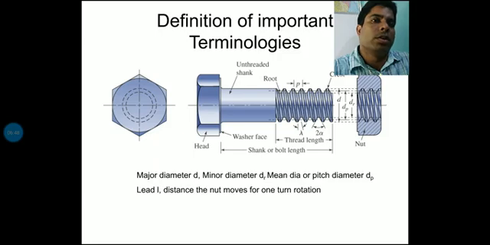In the case of the hexagonal bolt, the external thread is there. External thread means the thread length, thread angle, and obviously the bolt length, and obviously the nut is there, and washer means, suppose, below the hexagonal head of the bolt, one washer is there.